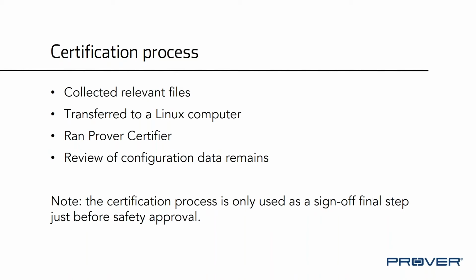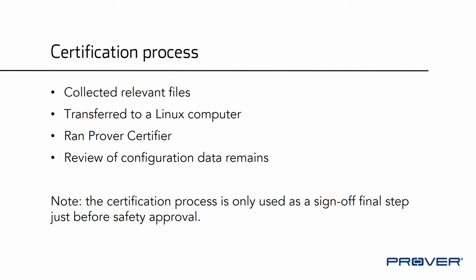So if it, for example, says that the route between the entrance signal and the next signal contains a number of track circuits, then you need to check that this is actually the case in reality too. Checking configuration data is something that you can never skip in any process. So this is something you must remember.